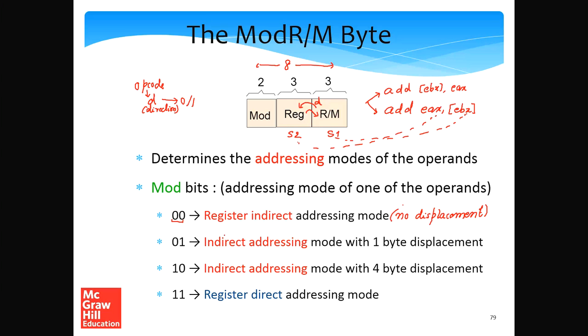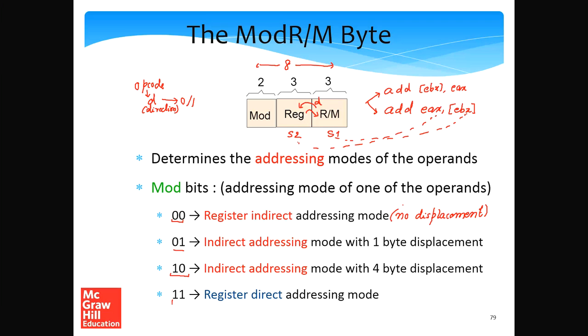Now let's consider other modes. If the mode is 0, 1, it indicates register indirect addressing with a displacement, in a base-offset kind of mode with a 1 byte displacement. 1, 0 indicates the same thing, memory is being accessed, but the displacement is 4 bytes.